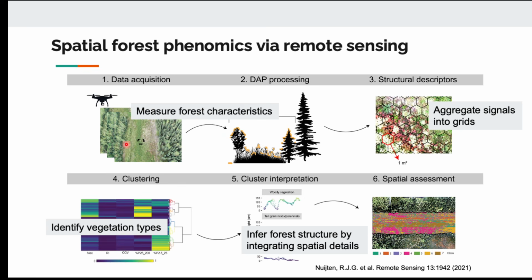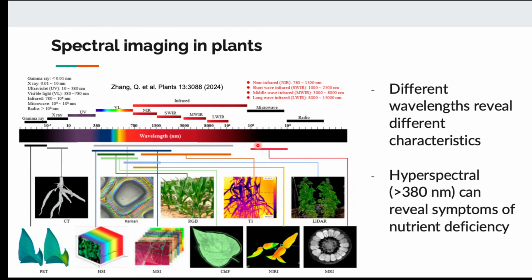So this is based on just regular imaging, just photos. From these photos, you can reconstruct the height of the tree and the colors of the vegetation. But imaging is not just about taking photos. You might have heard about spectral imaging before.